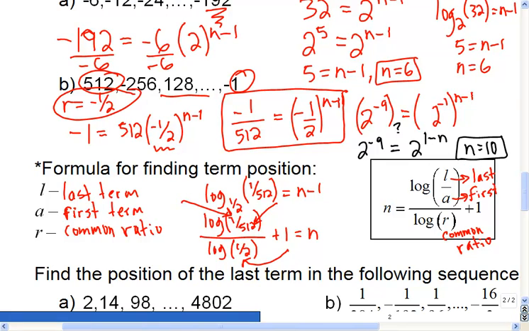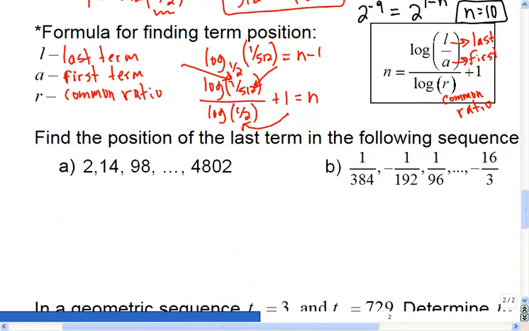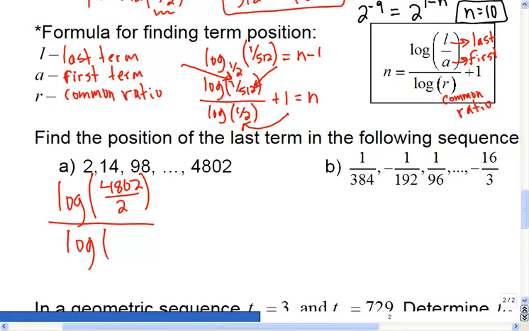So just to contrast our equations, I'll show you in this next one here doing it with the formula. Okay. So it's going to be the log of the last term 4802 divided by the first term, divided by the log of the common ratio, which is 7 plus 1.